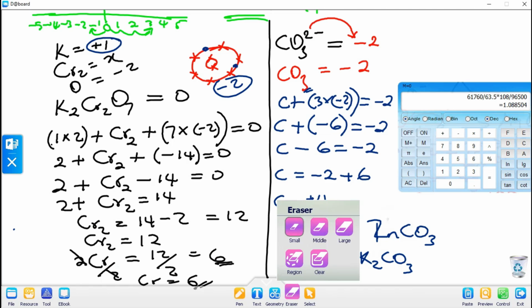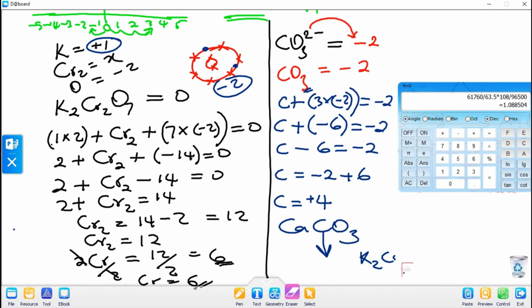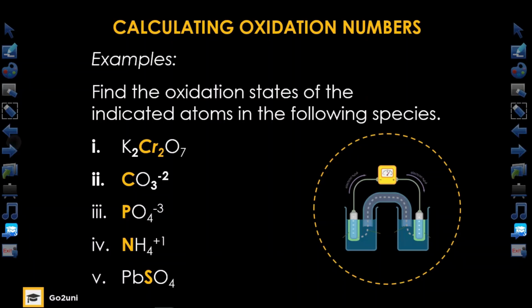That is actually why carbon has an oxidation state of 4 in carbonate salts or carbonate compounds. So this is actually the reason. When we have compounds or radicals that have charges, we equate the whole species to the charge.